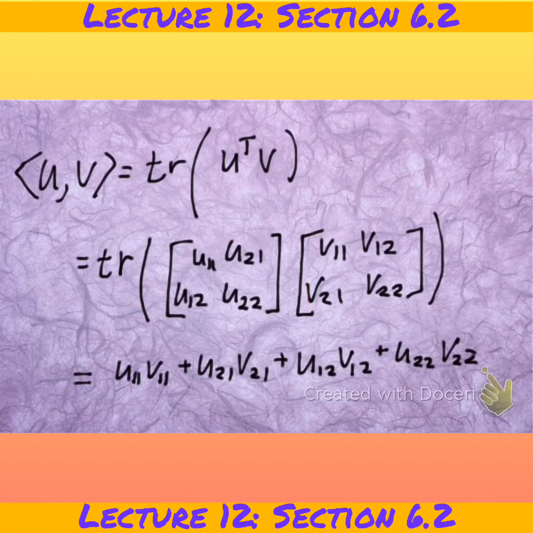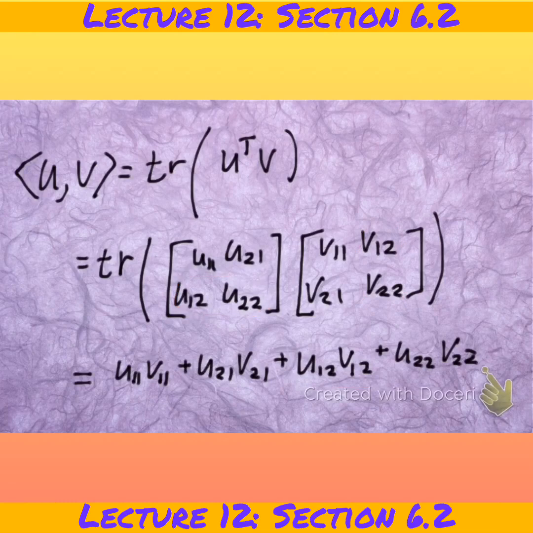Then for the entry in the second row, second column, take the second row and multiply that with the second column, and you get this term here. Okay, so that is what the inner product of u and v is going to look like.